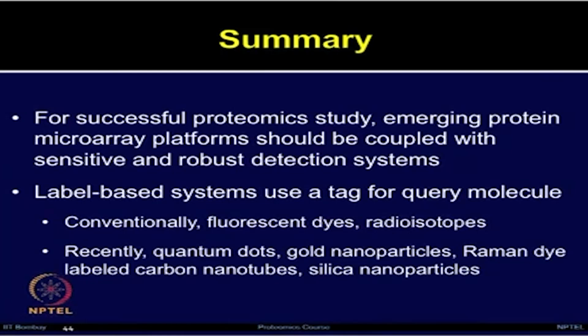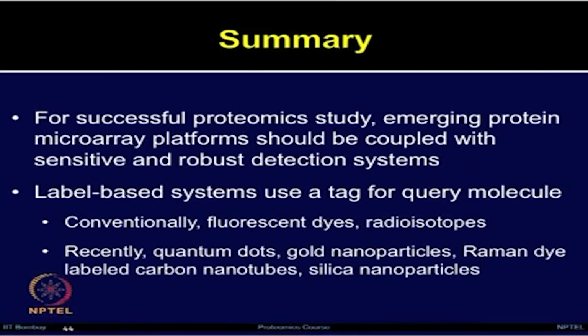Today, we have discussed label based detection systems. We will also discuss label free as well as different types of nanotechnique based detection systems in our continuing lectures in the same flow of microarrays. The label based systems, as I discussed throughout, use a tag or query molecule.